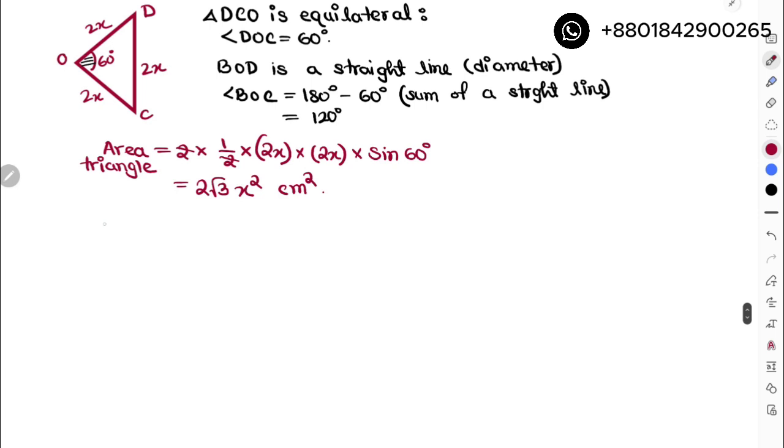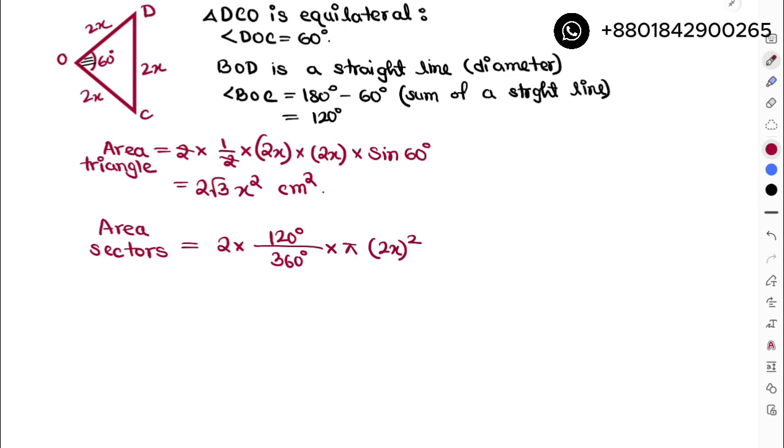And then again we want to find out the area for the sectors. Area for the sector is going to be theta by 360 pi r square. And over here we have two sectors, so that's why everything got multiplied with 2. Theta is 120 divided by 360 multiplied with pi. Radius is again 2x whole square. So this time with 2 into 120 divided by 360 multiplied with 4, that leaves you with 8 over 3 pi x square centimeters square.